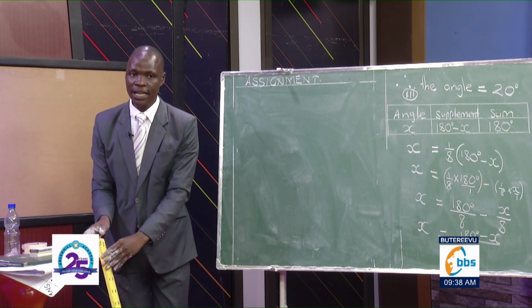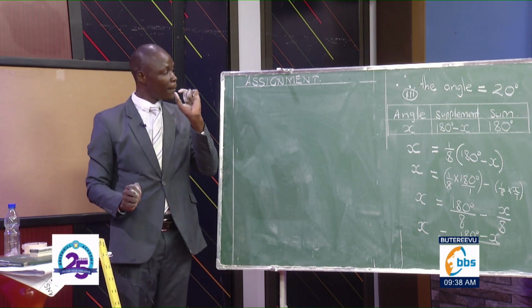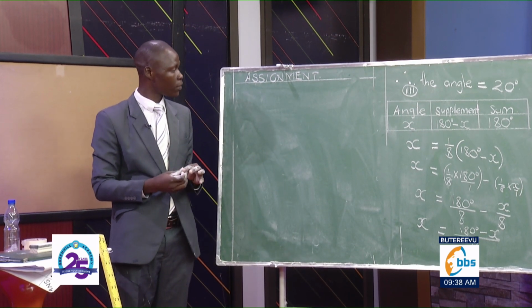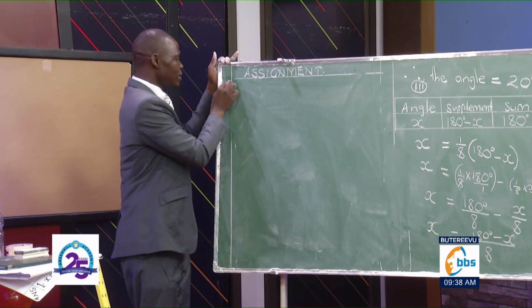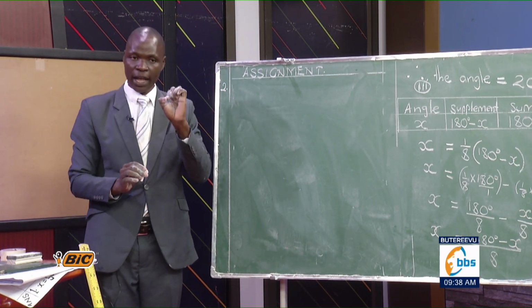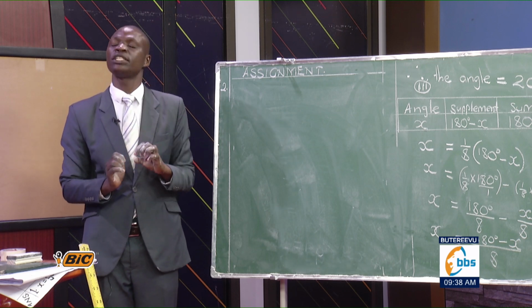Number 2. The question was very clear. A few people never had it well, but those ones who called, I managed to read for them again. Number 2 was, find the supplement of x minus 20 degrees.